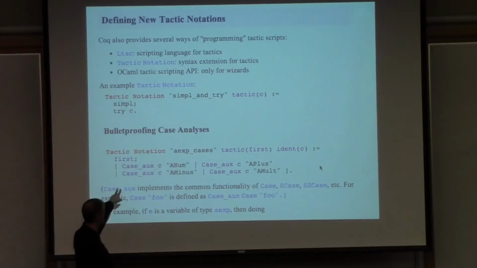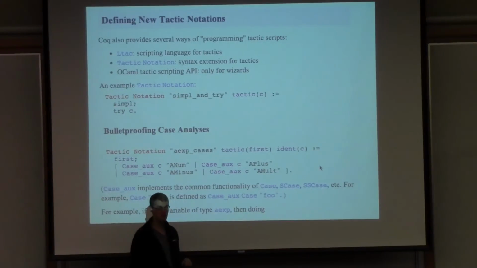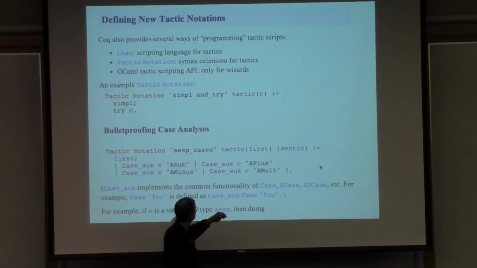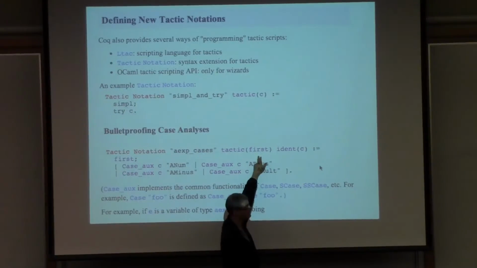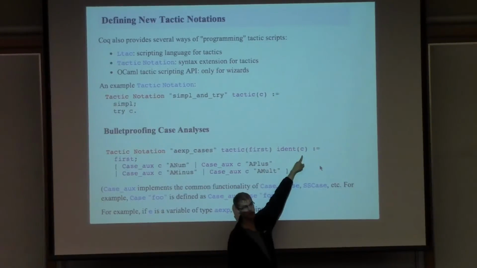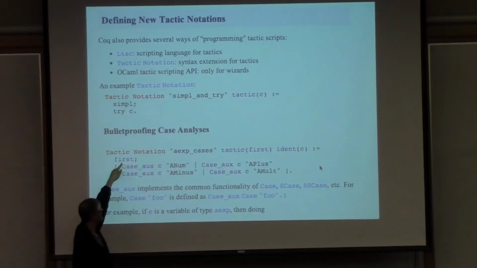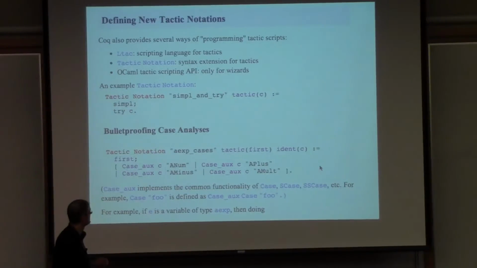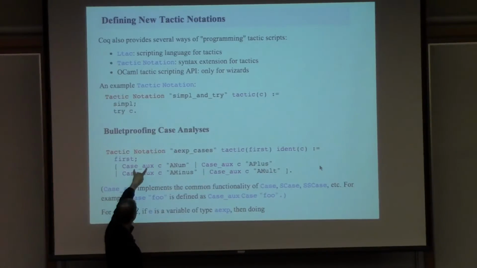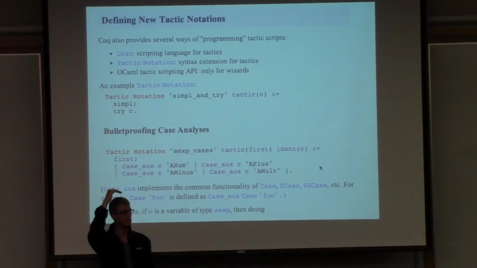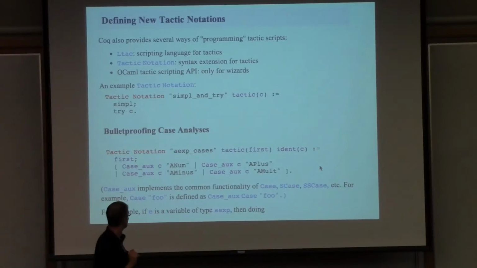Here's a slightly more interesting example. It's called AEXP cases. It's unpronounceable but useful. And it takes two things: a tactic and then an identifier C. What does it do? It does the tactic, and then, with a semicolon, it uses the more general form of the semicolon to do case aux C, with a different string in each of the cases generated by the first.